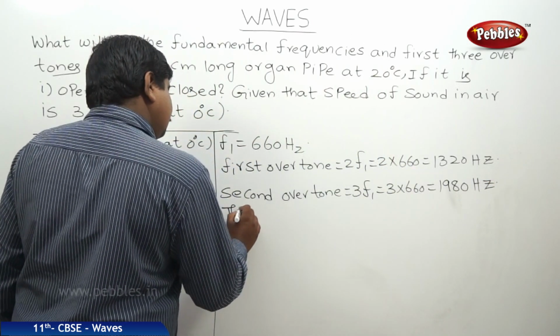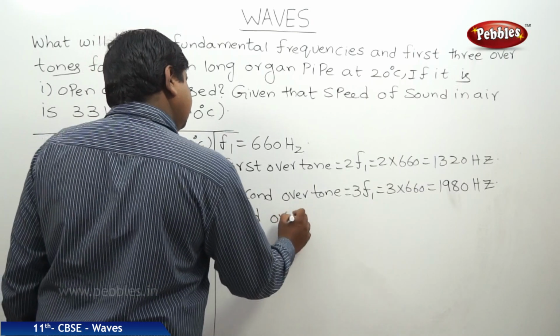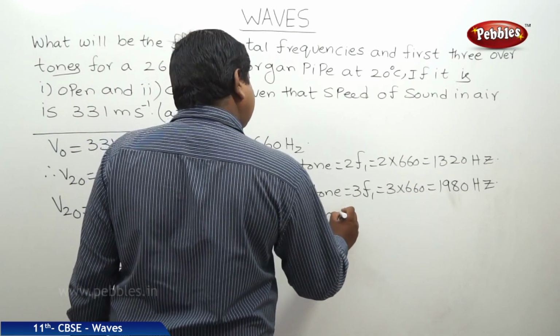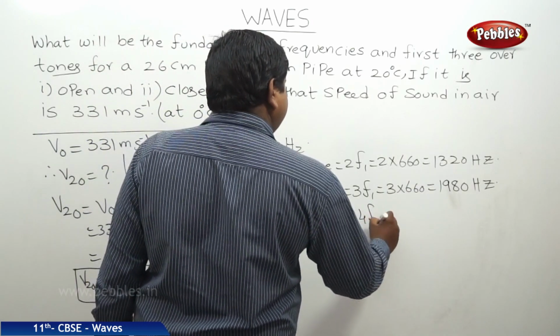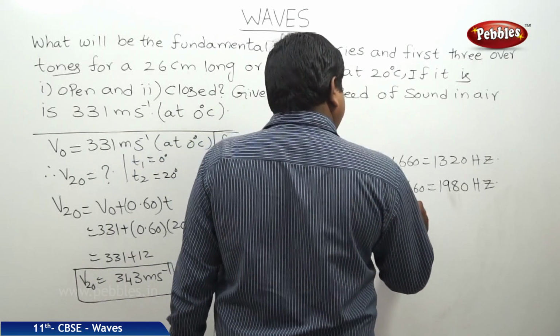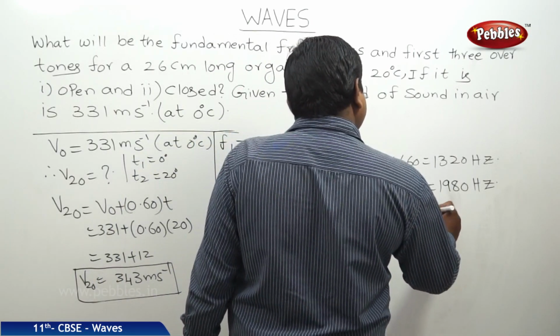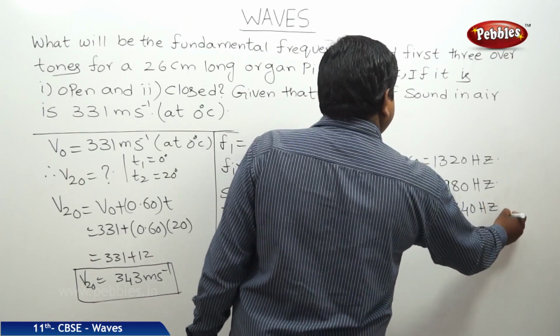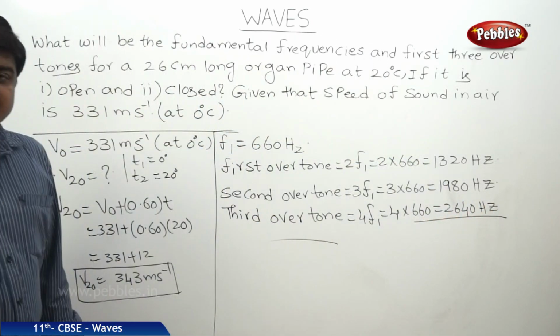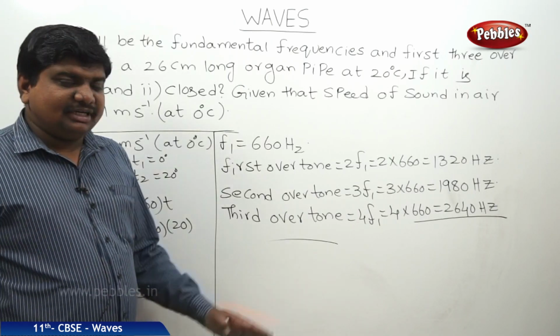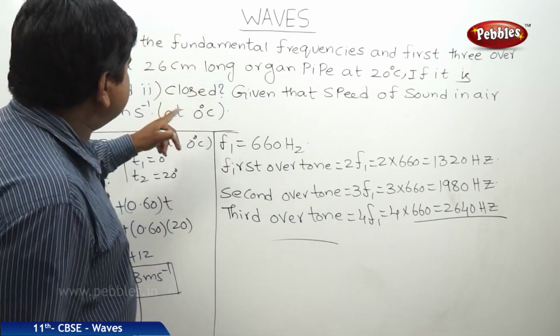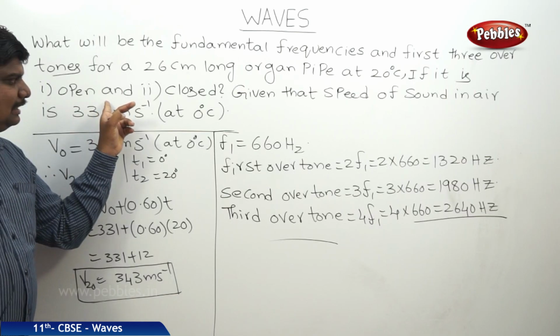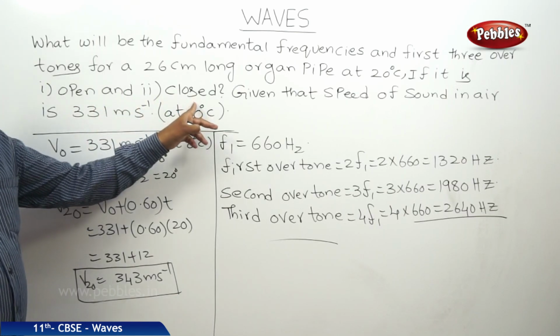Third overtone, 4 F1, nothing but 4 into 660, 2640 Hz. So, like this we can define the frequencies of all modes of vibrations of this object in open case. Now, we will check out for the closed case also.